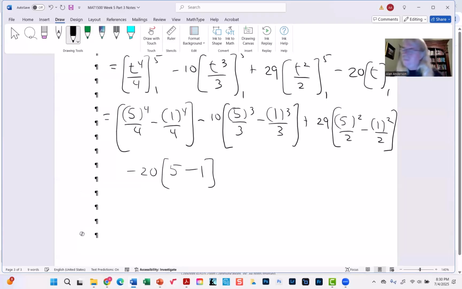All right, so it's going to take a while before we can combine all these into a single number. So for example, here we have 5 to the fourth, and that's 625. So 5 to the third is 125.